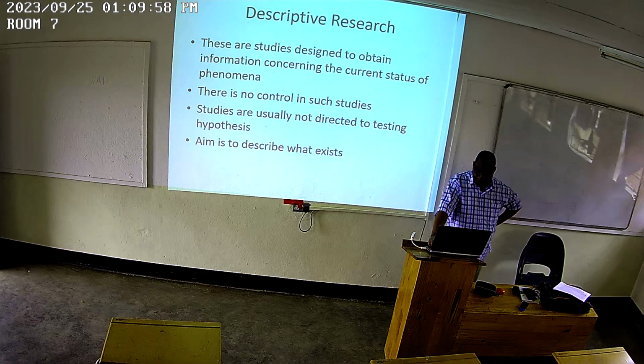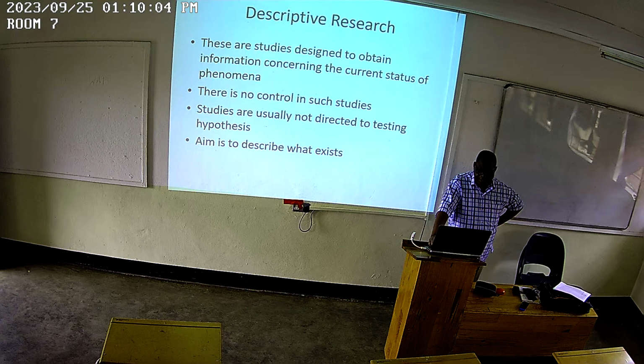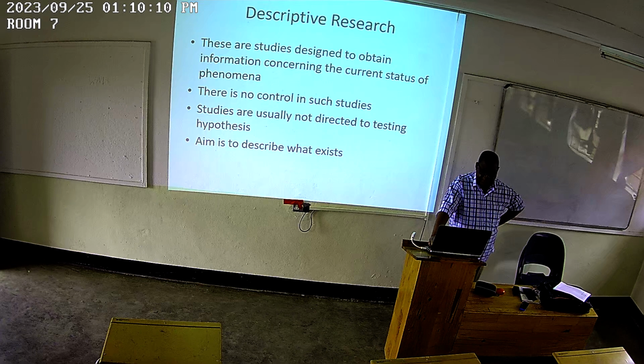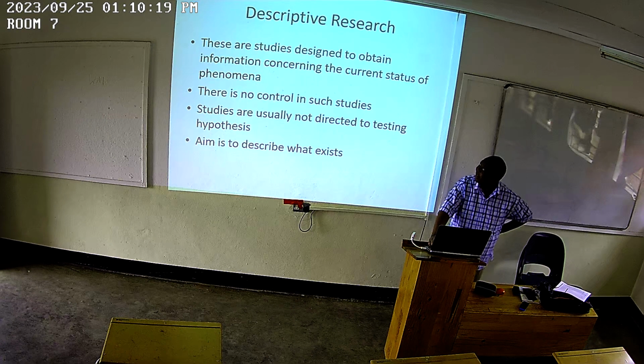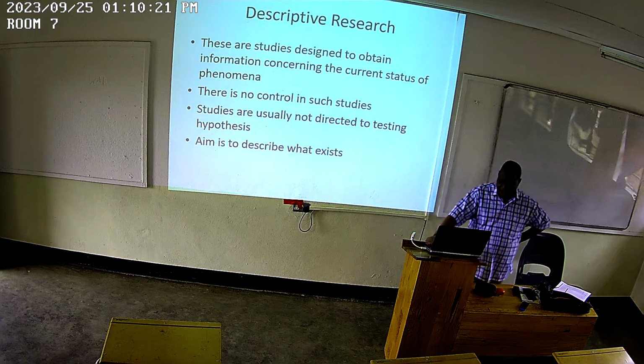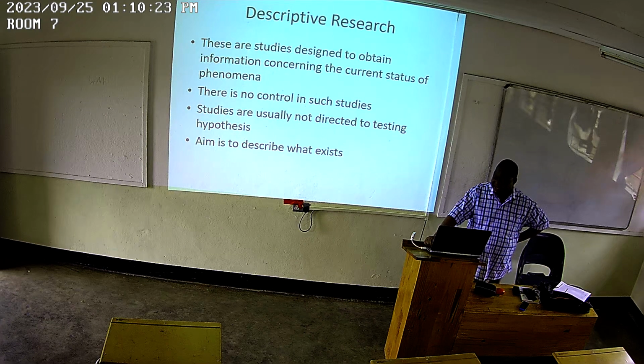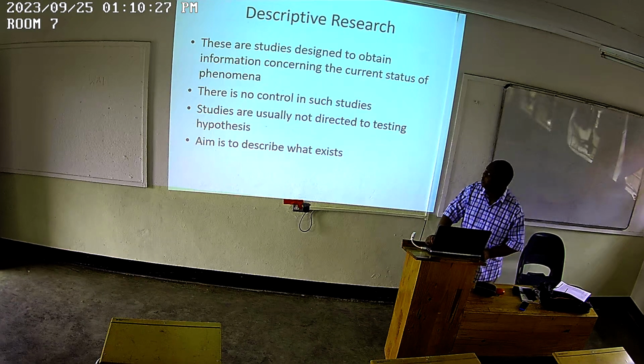We talked about the descriptive research, and we said that it refers to research or studies designed to obtain information about the current status, describing the status of phenomena in a particular situation.